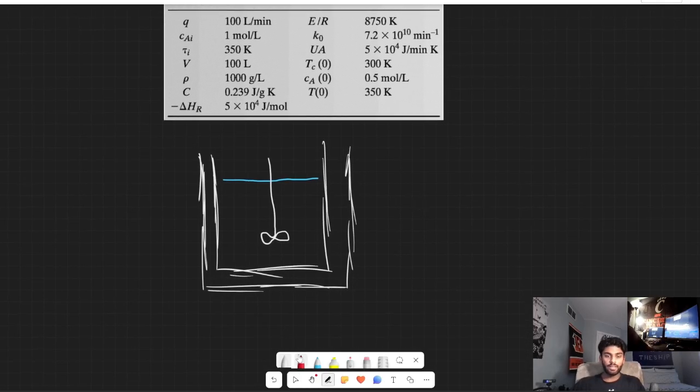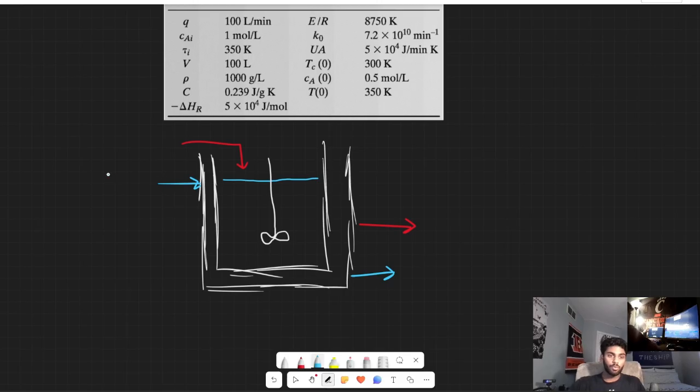And we have jacketed cooling water flowing in and out of the tank jacket, as well as a volumetric flow rate coming in and out of the tank. So throw this out here. Why not?